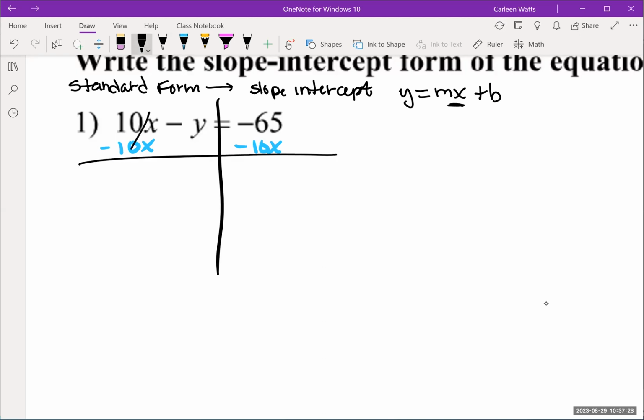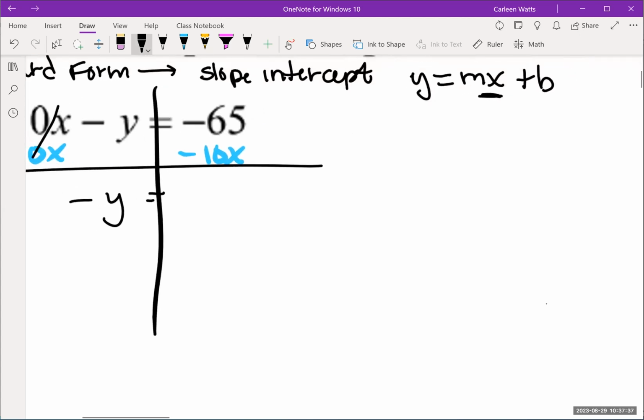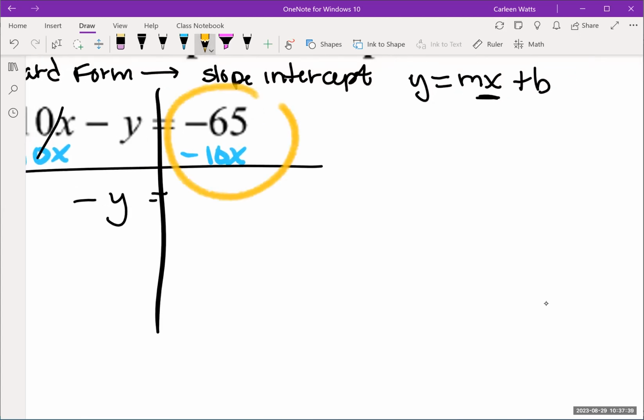Okay, now do not lose this negative. We're going to have to deal with that negative. Now take a close look here. The next step would be combine like terms. So you need to make a decision.